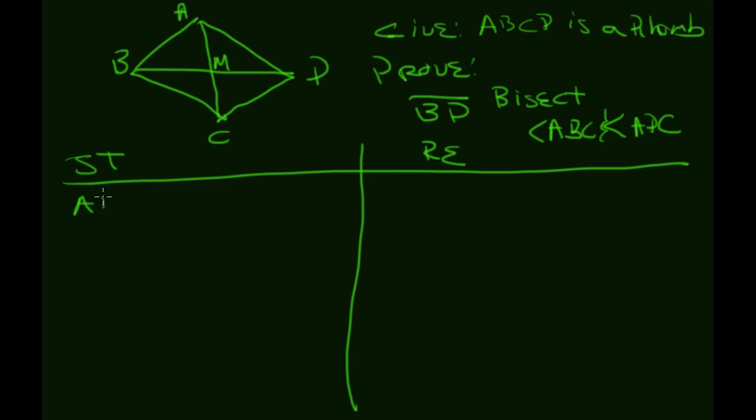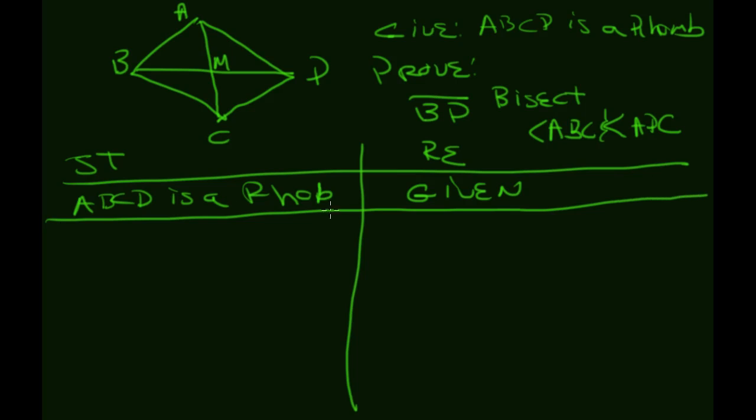So let's start with ABCD is a rhombus. How do I know this? Because it's given to me. That's the big given fact. From that, AB has to be congruent to BC, and in fact, AD is congruent to CD.